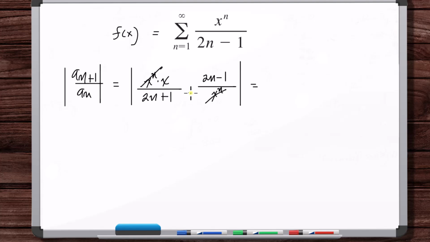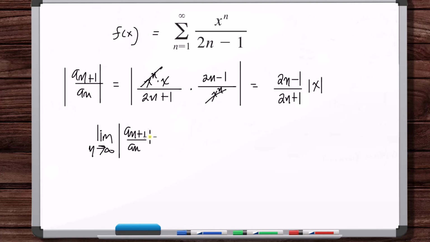Okay, so 2n minus 1 over 2n plus 1. As n goes to infinity, that's always positive, so we can just take that out of the absolute value, and we're left with this. So now what is the limit as n goes to infinity of this?